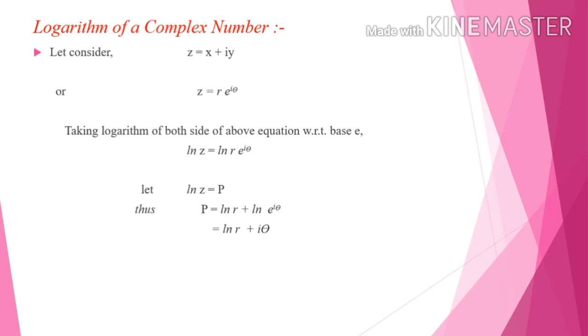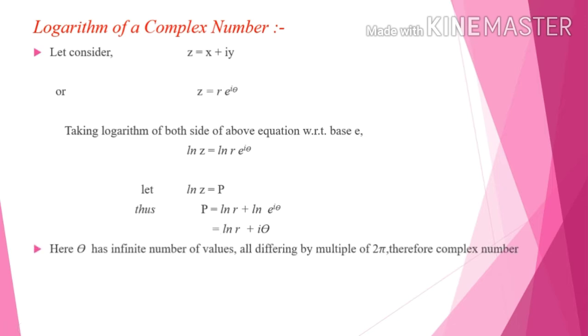If you consider that, then we get p equals ln of r plus ln of e raised to i theta, right? Now if we apply logarithm to the exponential function, then this e base goes down and remains only i theta. So the next step is p equals ln of r plus i theta.